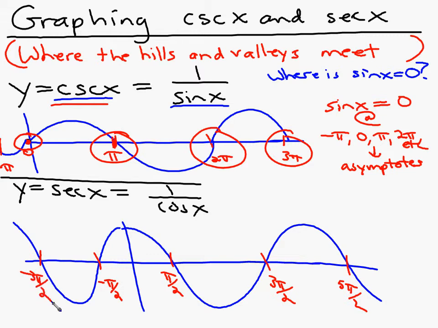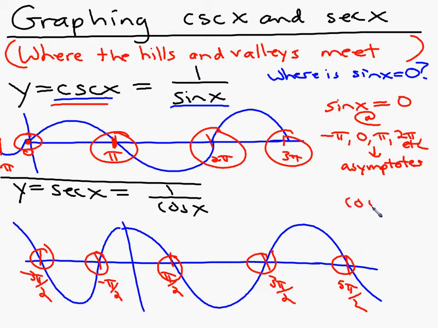All of those places, cosine is equal to 0. Cosine is equal to 0 here, here, here, here, here, and every odd pi halves after that. And we saw that that actually told us where the asymptotes for tangent were located, because tangent is sine over cosine. So we can summarize here.